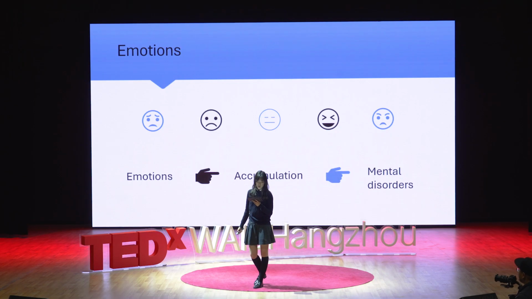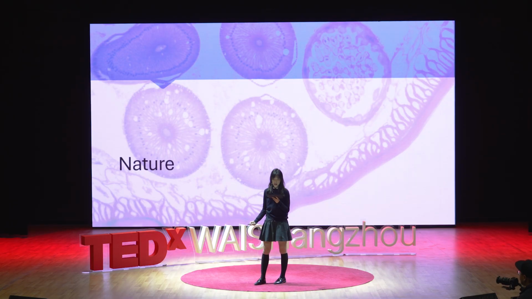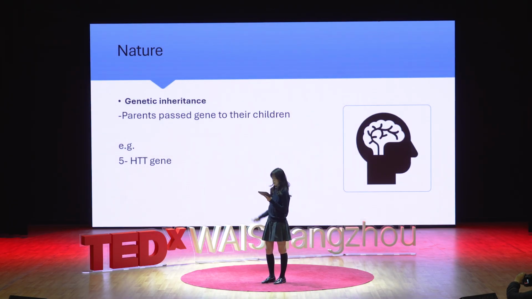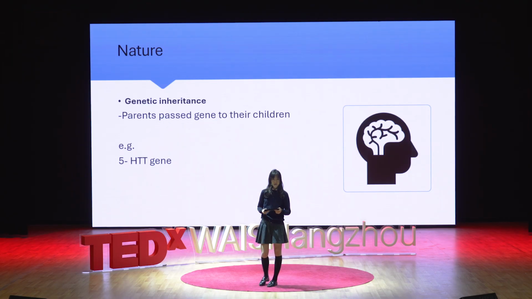First, let's focus on how nature, which I call biological factors, contributes to mental disorders. When we think about mental illnesses, most of us will relate them to stressful events happening during daily life. However, genetic inheritance can also contribute to depression and mental disorders.